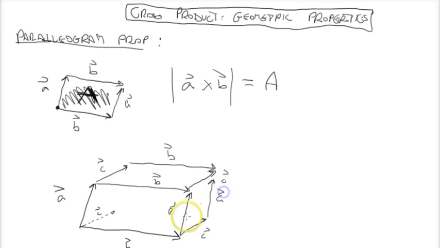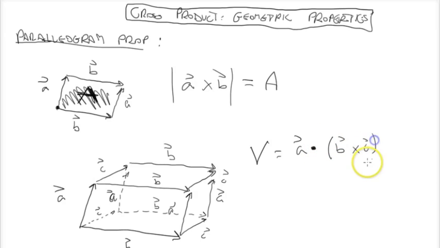The volume of that parallelepiped is going to be equal to the dot product between A and the cross product of B and C.